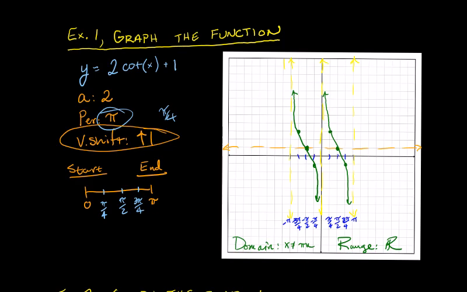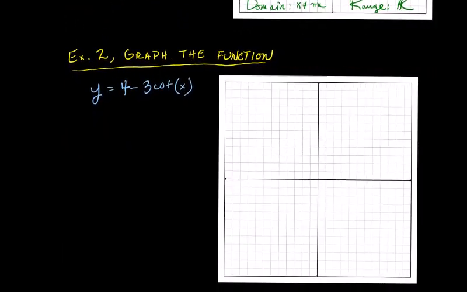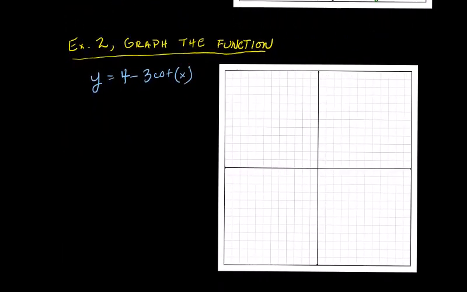If that made total sense to you, though, feel free to hit pause and try one on your own, and then you can hit play and watch it back. But we'll get going. So here we go. I'd say that the A value is 3, but I need to do a reflection. The period is going to be pi still, and then my vertical shift is up 4.